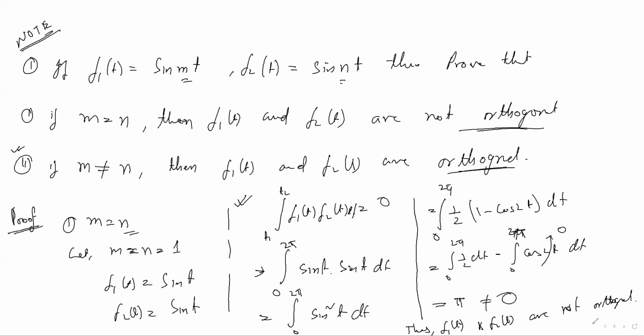This is important, that's why. Second is m not equal to n. Let me take any value of m or n; sin mt and sin nt will be orthogonal.